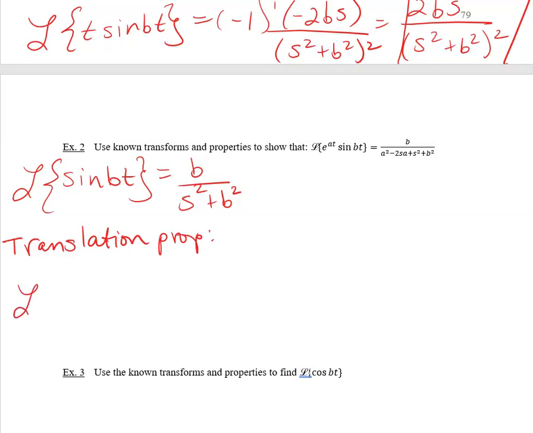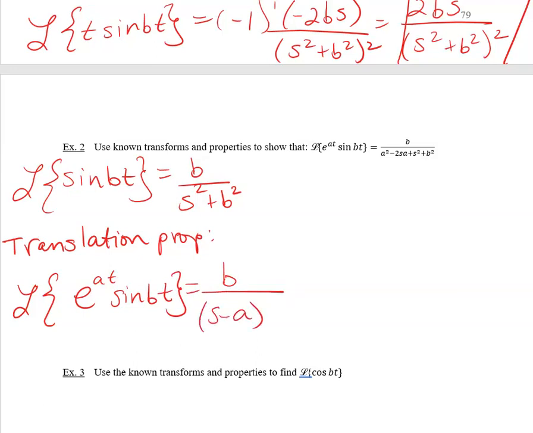So the Laplace transform of e to the at times sine of bt is going to be b over (s minus a) squared plus b squared. And if we, of course, simplify that, we get this expression right here. a squared minus 2as plus s squared plus b squared.